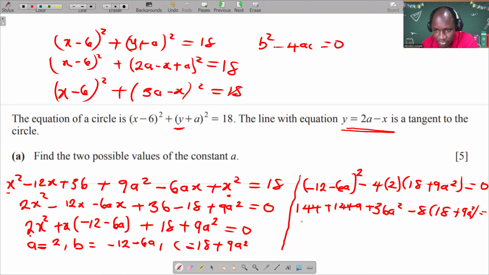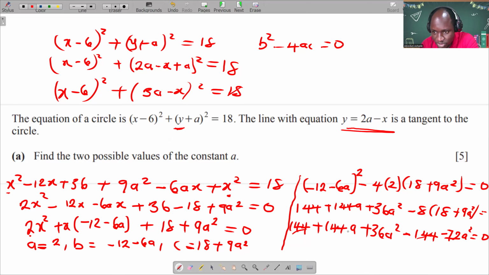So that means we have 144 plus 144a plus 36a squared. If I expand this, it will give me minus 144 minus 72a squared equals 0. So minus 144 plus 144 cancel.